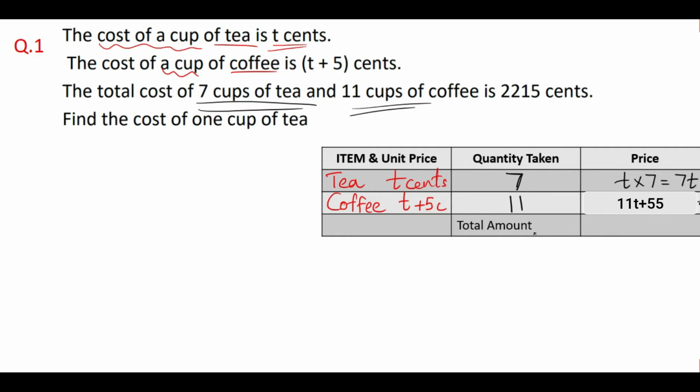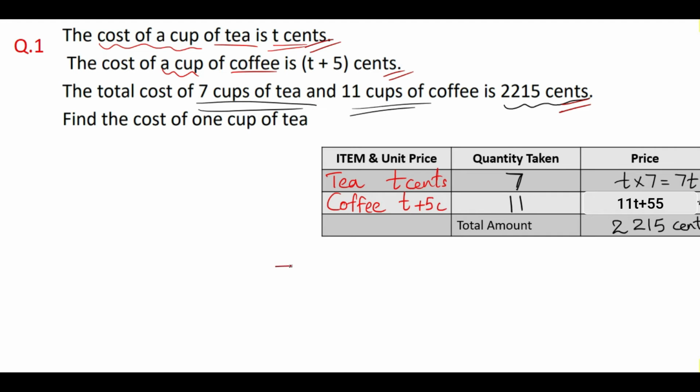Now, they have given the total amount. The total cost that you have to pay is 2,215 cents. Something important here is to look for the units. It's all in cents, so I have no plan to change the units. Now look at my total bill.